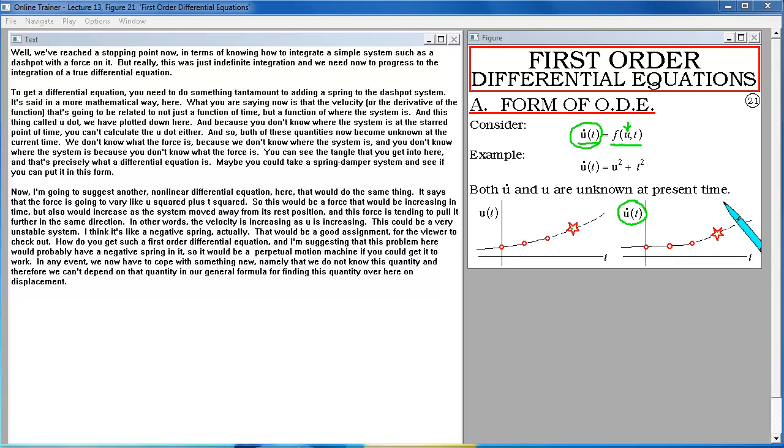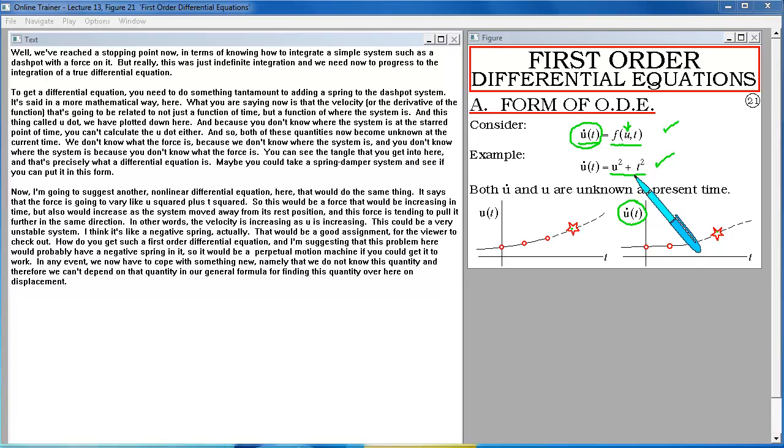Maybe you could take a spring damper system and see if you can put it in this form. Now I'm going to suggest another nonlinear differential equation here that would do the same thing. It says that the force is going to vary like u squared plus t squared.